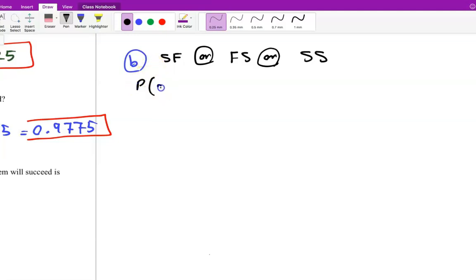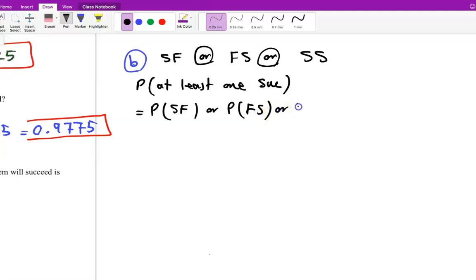Now the probability of at least one success is equal to the probability of, writing that way, success fail, or the probability of fail success. This one is harder to find the answer.